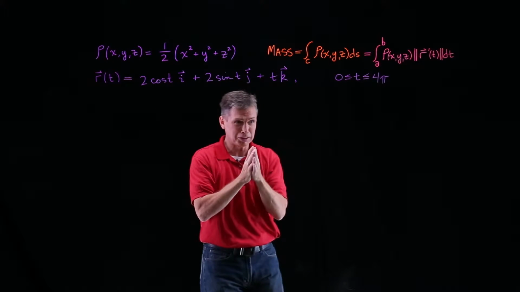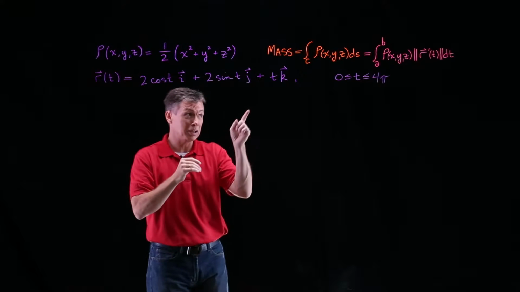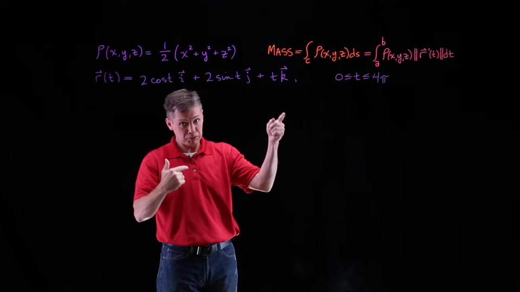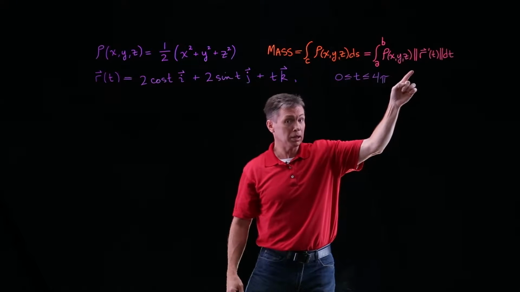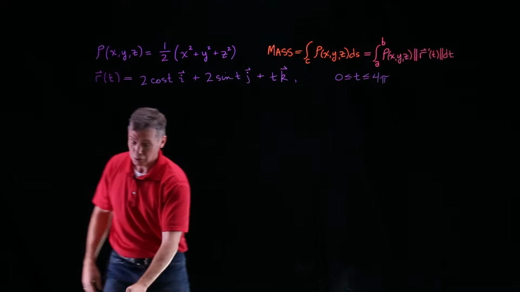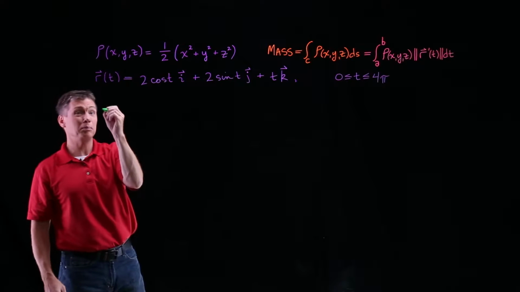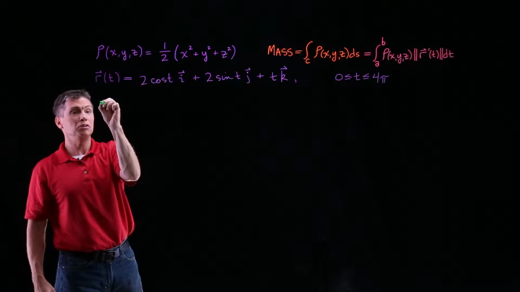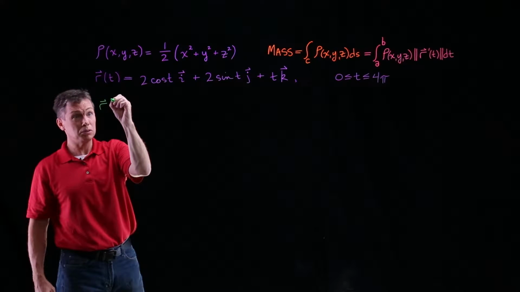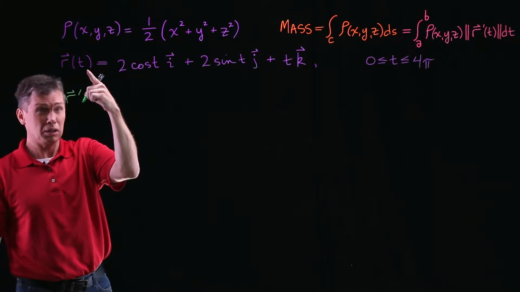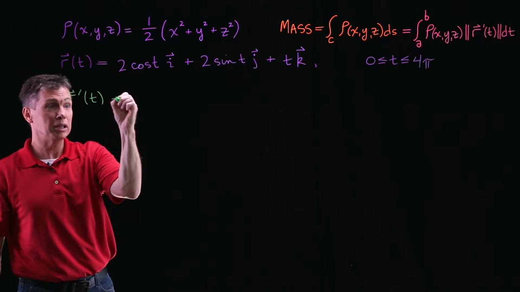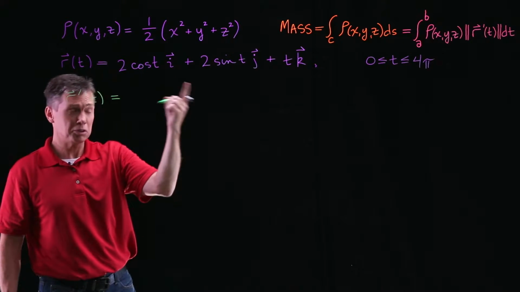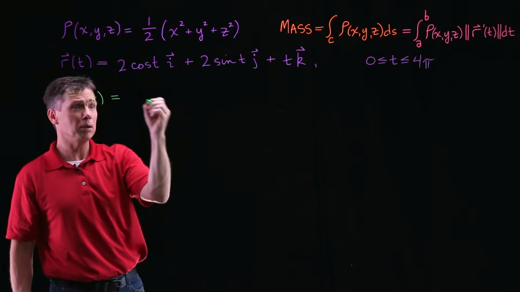Okay, so I think I have a setup for success now in order to get into that pink formula. Notice you do need that r prime. So a first step, almost always a good first step in a calculus problem, is to do a derivative. We're going to differentiate that r of t vector right above and get an r prime of t, which is just the derivative of your individual components.